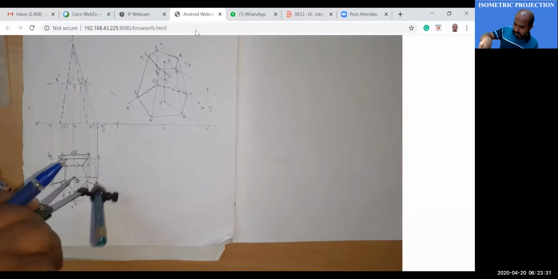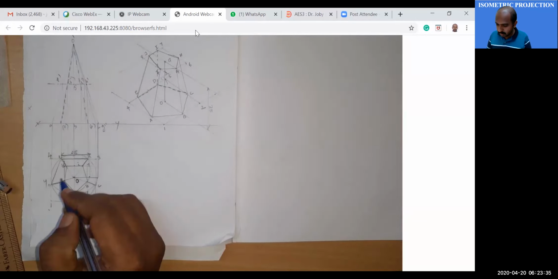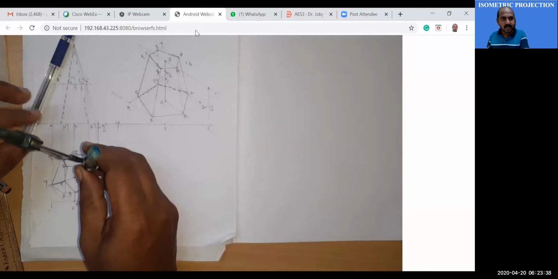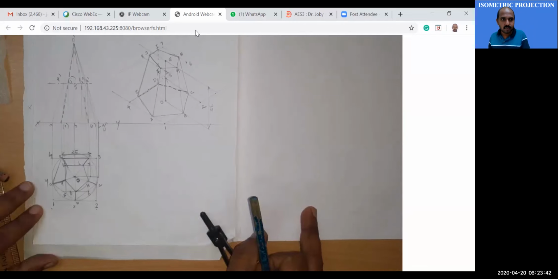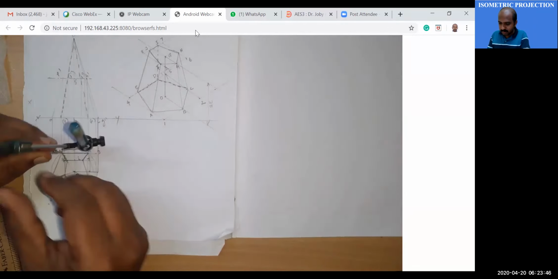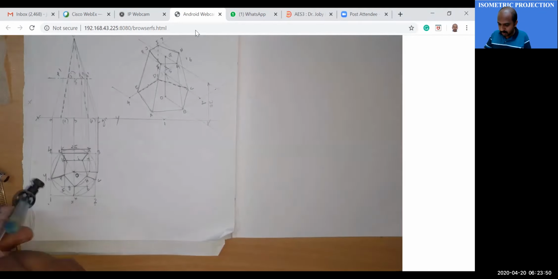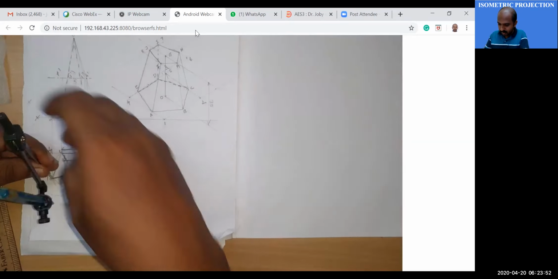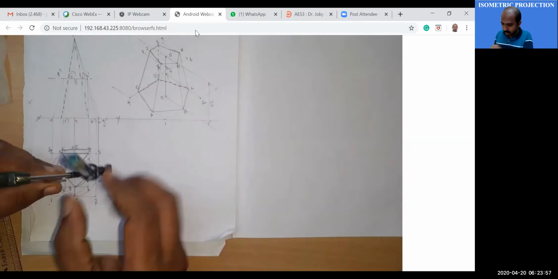Once you have completed this circle, you can mark the length of this side. Side length is equal to 25. So you take 25 mm length on your compass, then mark here 25, here 25, then 25 here, then 25 here.